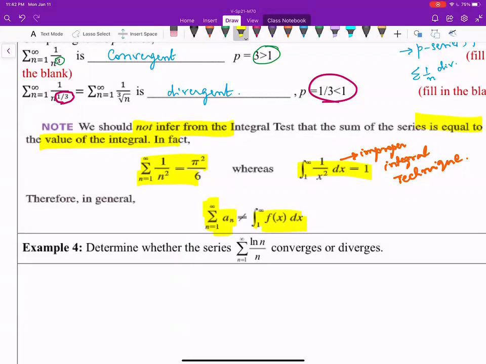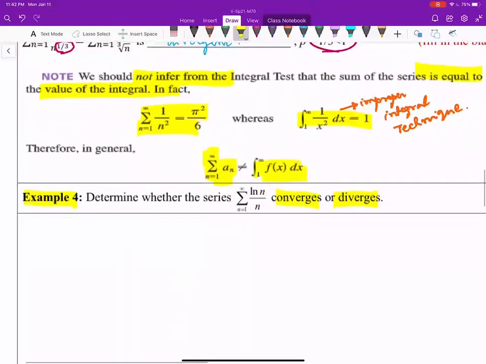Next example. Determine whether the series sigma ln n over n converges or diverges. We are checking whether the series ln n over n converges or diverges.